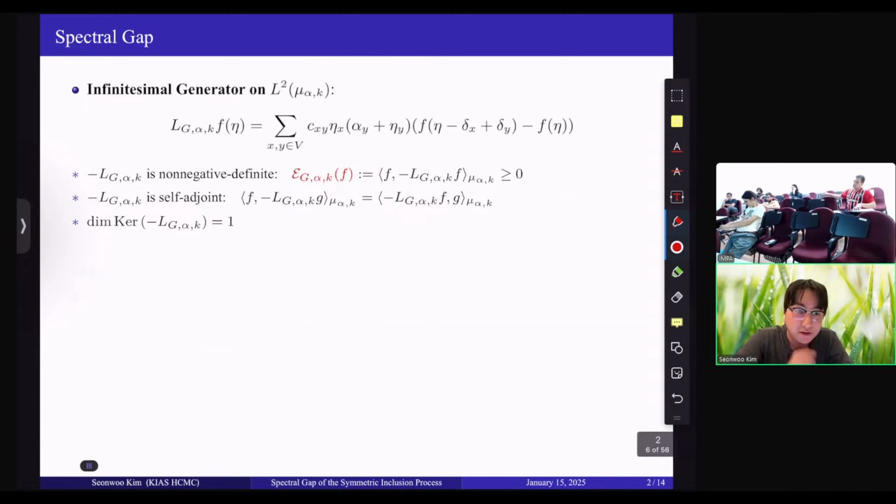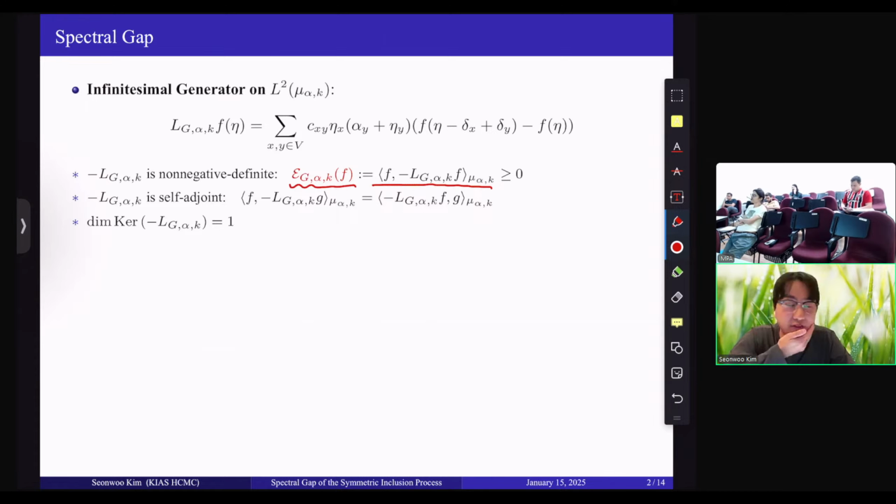For simplicity, to keep positivity, we keep a minus in front of the generator, and this minus generator is always non-negative definite. This is because for any f, the inner product of f and minus L f is always non-negative, and it is exactly the Dirichlet form of the function f.